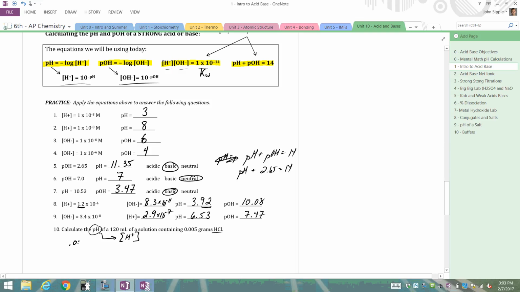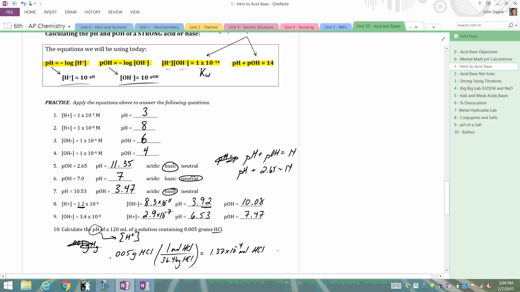So if I have 0.005 grams of HCl, I'm going to multiply that by 1 mole, and there are 36.46 grams of HCl for every 1 mole of HCl. So ultimately we get 1.37 times 10 to the minus 4 moles of HCl.